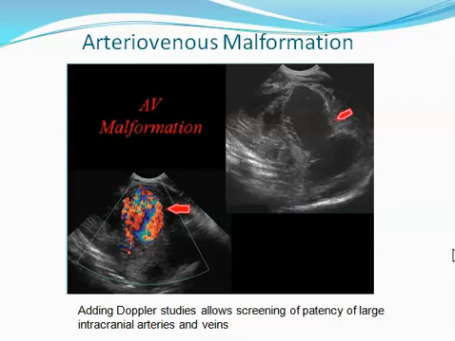When you turn on the color, you find that this is not a dilated ventricle, it is actually an arteriovenous malformation. So whenever you see any anechoic fluid structure in the brain, always put the color on that structure in order to rule out any vascular malformations.